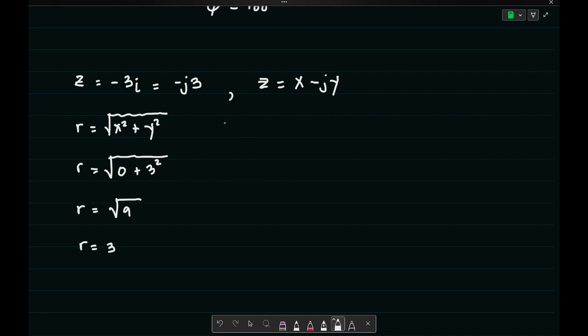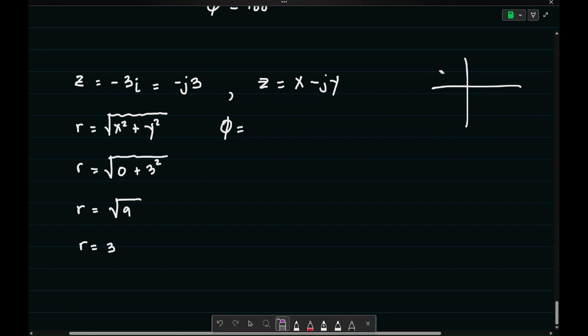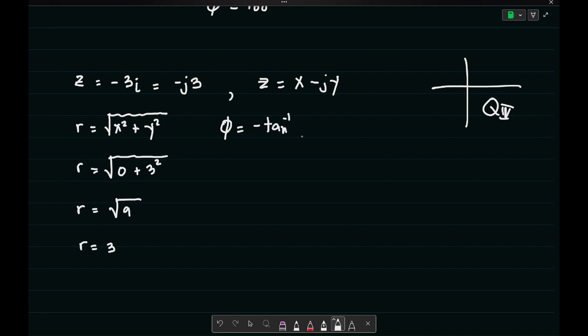Then for the angle, we have a positive x and a negative y, so that is in quadrant 4. So we use the negative arctan of y over x.